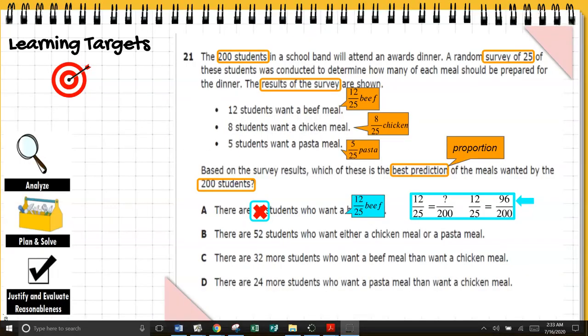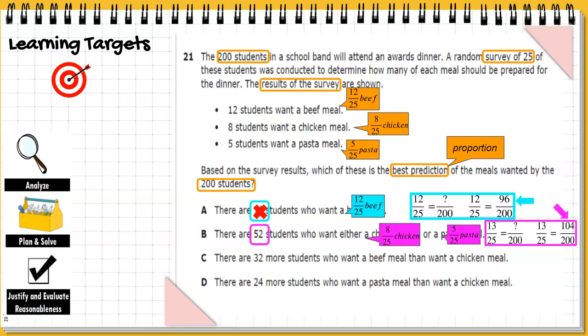All right, let's look at answer choice B. For B, we have the chicken or pasta. So we're going to add those together and get 13 out of 25. So 13 out of 25 is equal to what over 200? Well, 8 times 25 is 200 and 13 times 8 is 104. 104 is not 52. So this is incorrect.